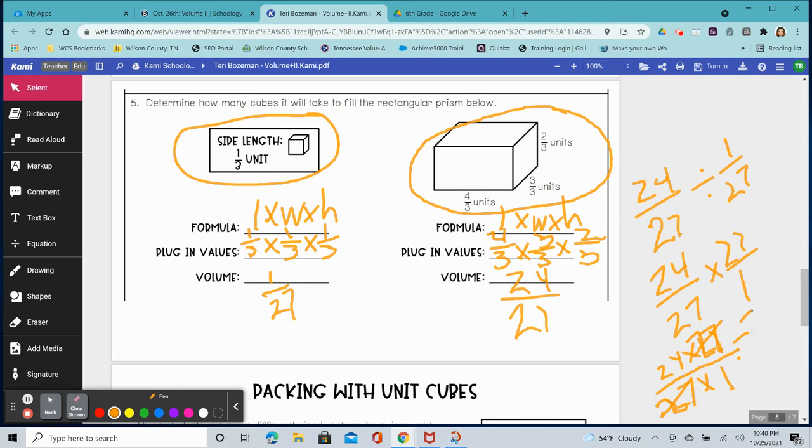So we have 24/1. So we have 24. So 24 small unit cubes can go inside of the rectangular prism.